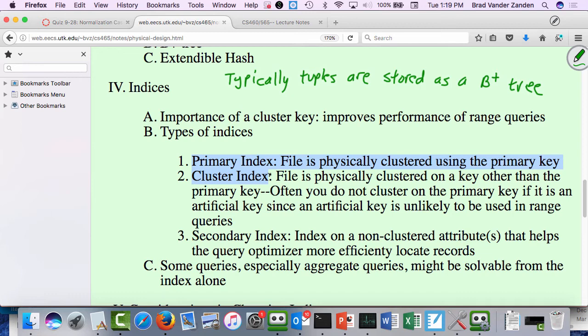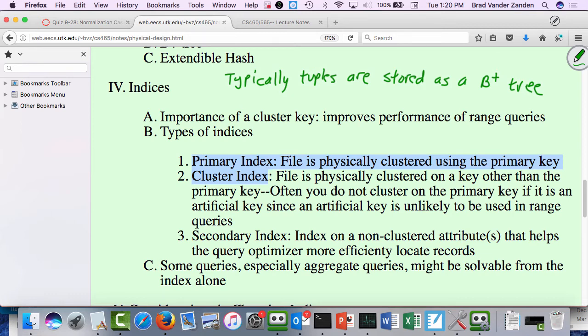Most files are ordered on a non-primary key, like last name, or race time, or date. The booking relation would probably be ordered by date or by guest name, not by guest number or booking number. So in fact, most files have what is called a cluster index rather than a primary index.